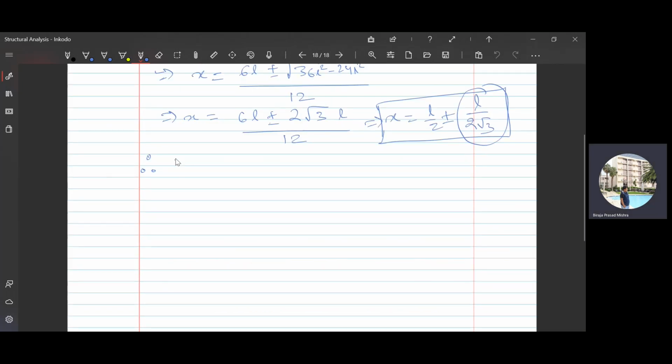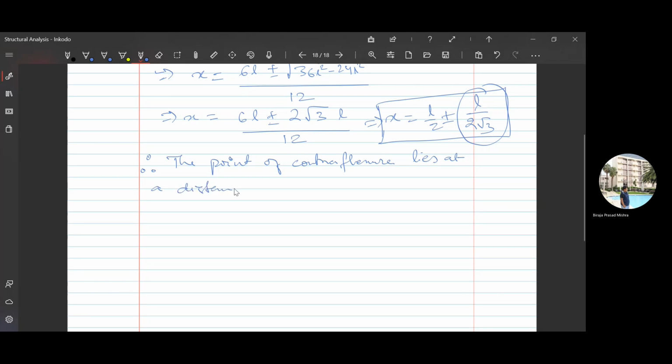Therefore the point of contraflexure lies at a distance of L by 2 root 3 from the end A, or from both the ends.